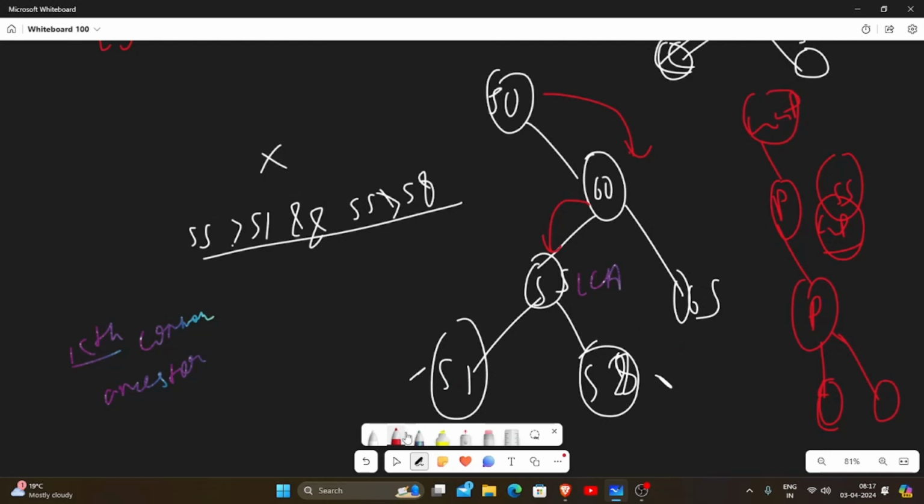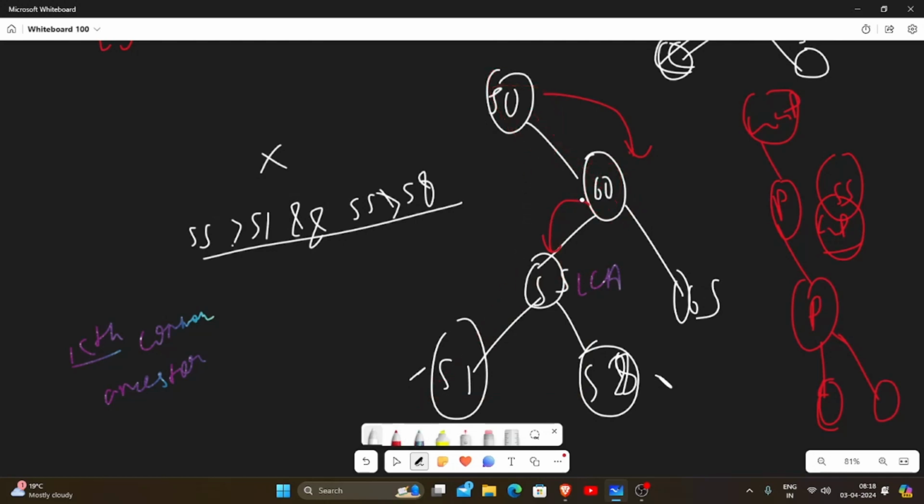So for this 51 and for this 52, we know that 55 is the lowest common ancestor. And if 55 is the lowest common ancestor, then 55's parent should also be an ancestor of these P and Q. Yes. And then 60 also comes from somewhere, so 60's parent will also be an ancestor.